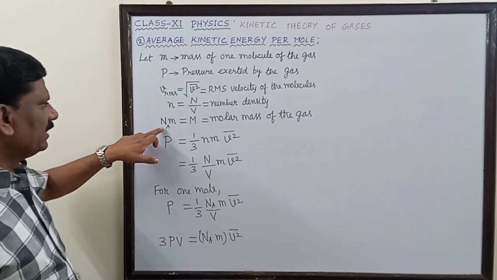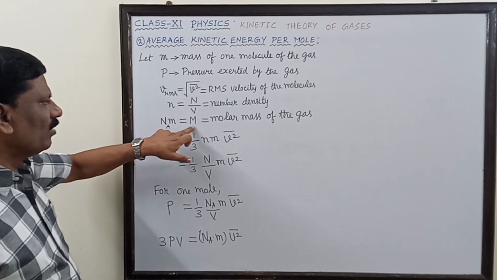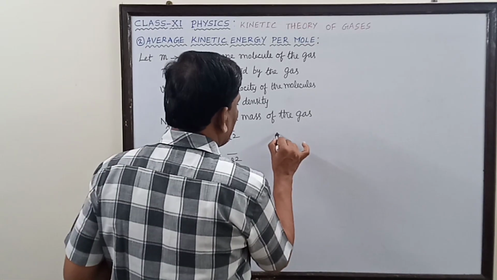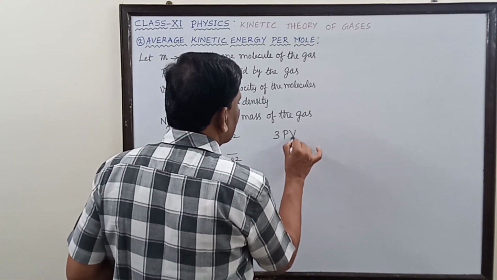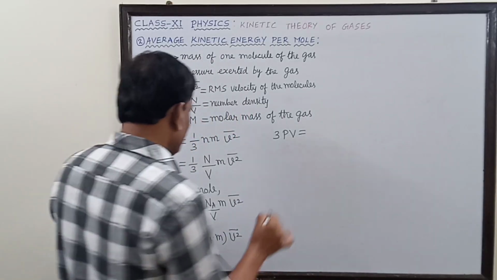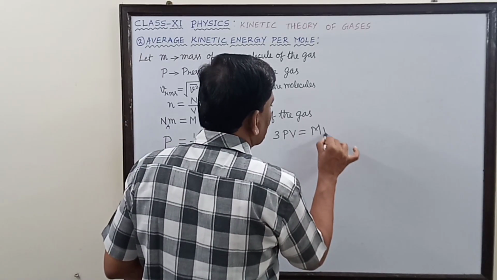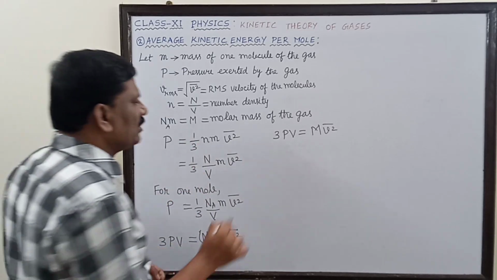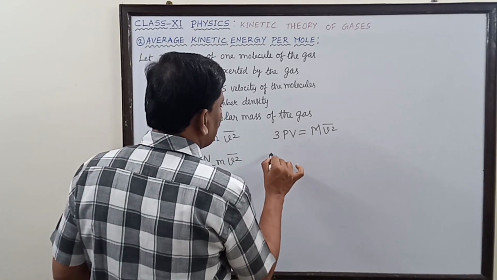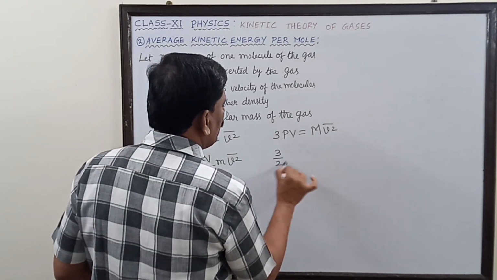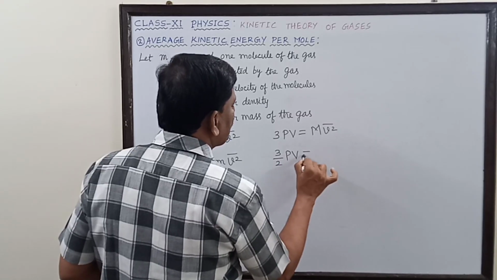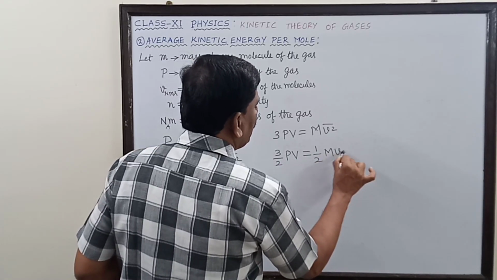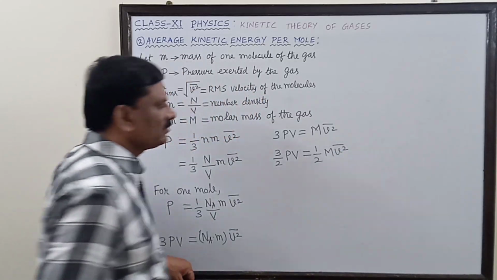Now this Avogadro number into mass of 1 molecule can be replaced by capital M. So I will write now 3PV is equal to capital M into V square average. Then I am going to divide by 2 on both sides. So 3 by 2 PV is equal to 1 by 2 M V square average.